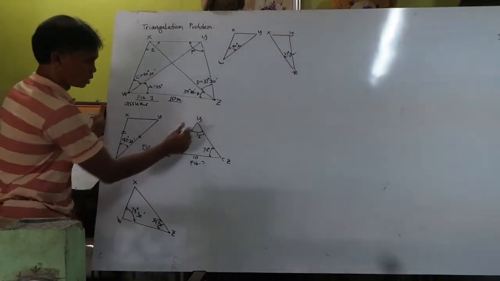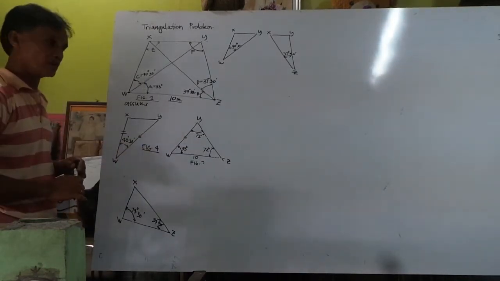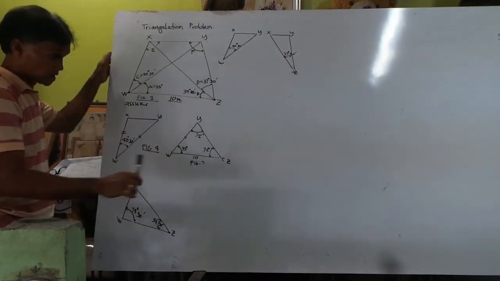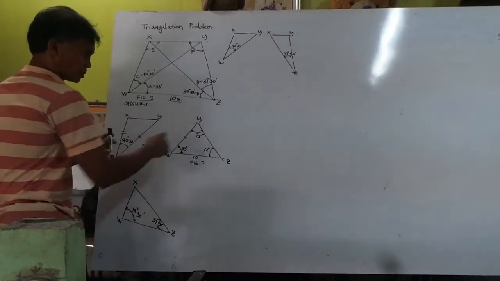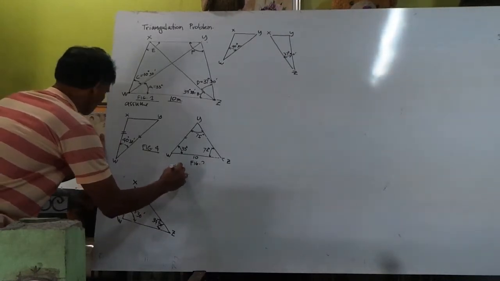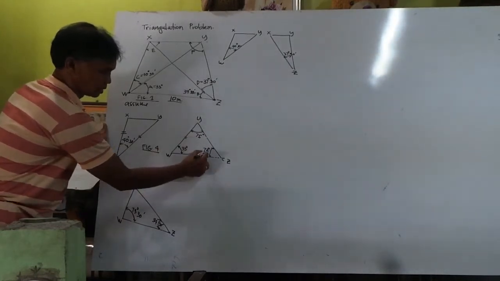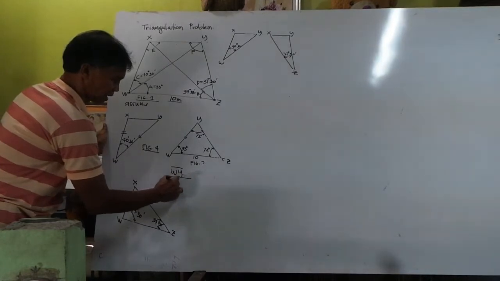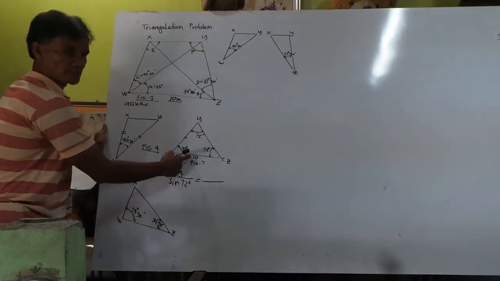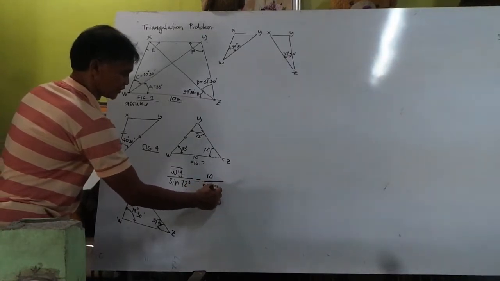So we can solve WY in our triangle by the sine law. By just using the sine law, you can solve WY. WY is opposite this angle, so you have WY over sine 72 degrees equals our assumed side of 10 meters over sine 75 degrees.